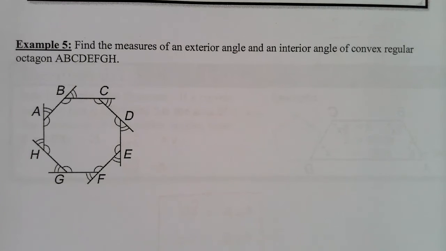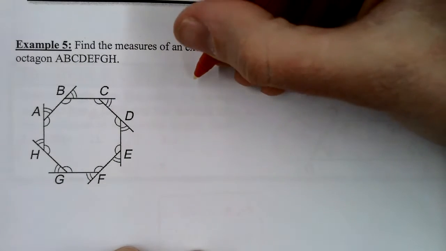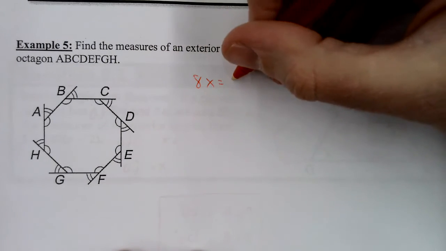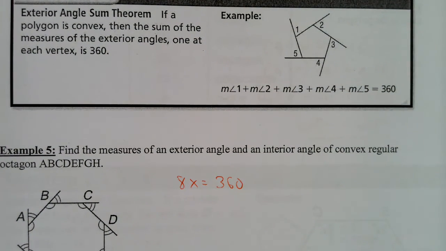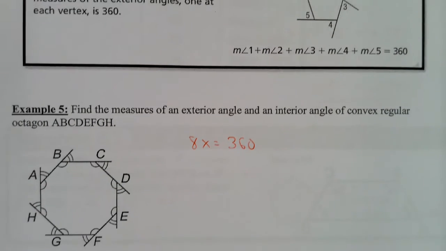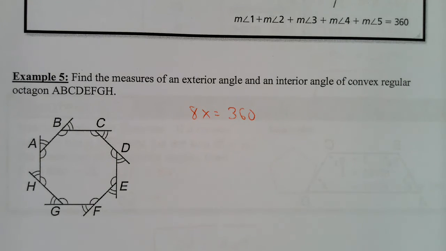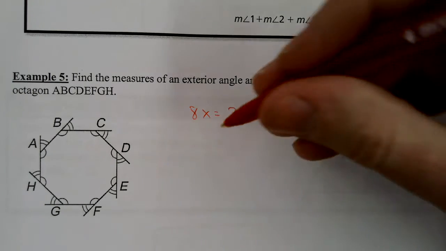There's 8 of them. So I'm going to say 8x equals 360 because of this theorem right here. All of them have to add to 360. Okay, so if I do 360 divided by 8, that gives me 45.